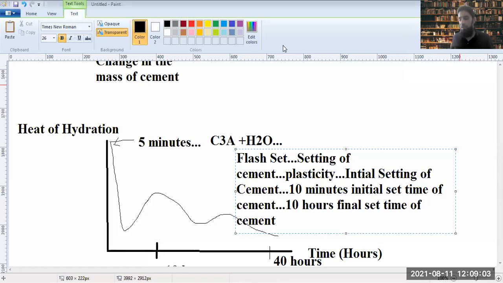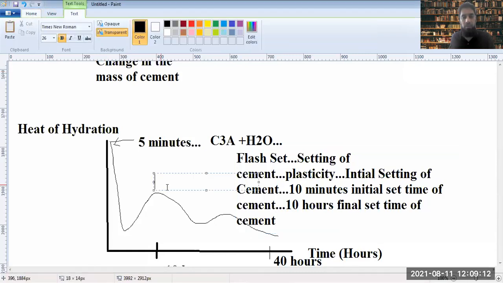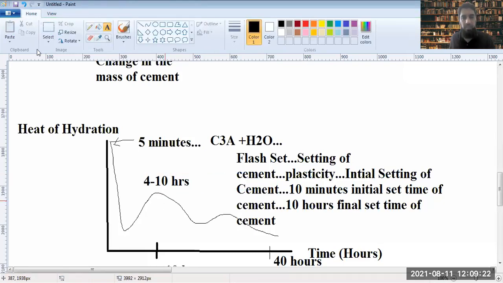So within the first 5 minutes, the flash setting is happening. That's happening due to C3A. But then after around 4 hours, some 4 to 10 hours, within which the final setting is actually completed, there is a peak happening again. This was the first peak, wherein a lot of heat is generated.